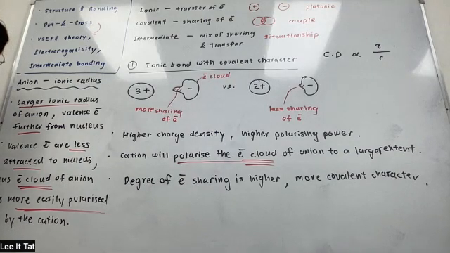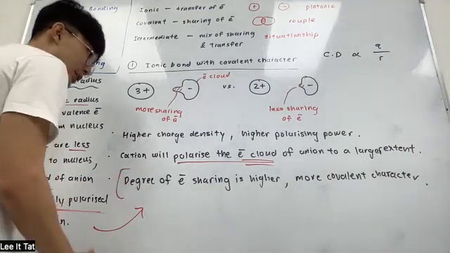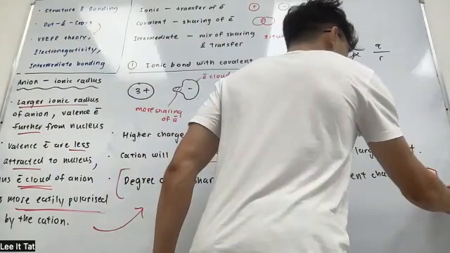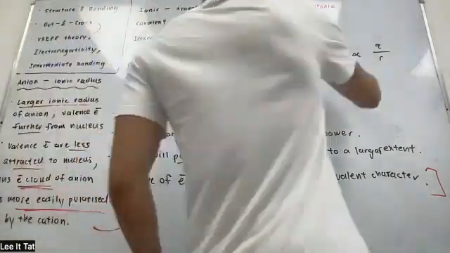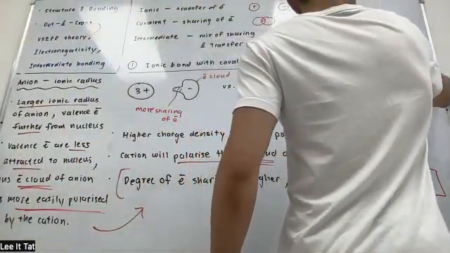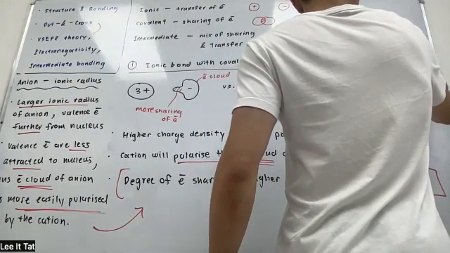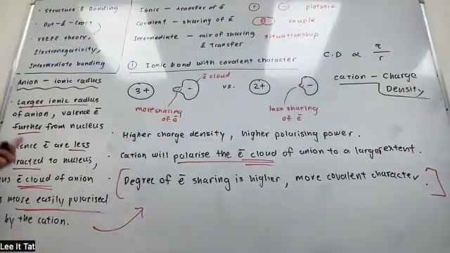More sharing or less sharing? You're going to reuse this sentence. Degree of sharing is higher, you end up with more covalent character. So once again, for cation, we look at charge density. For anion, we look at ionic radius.